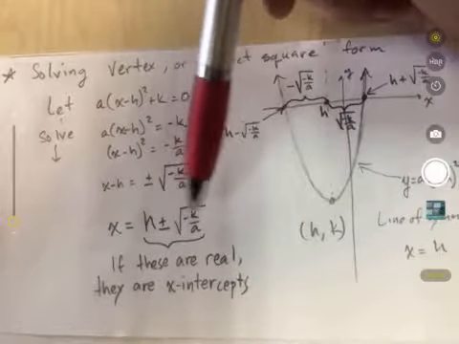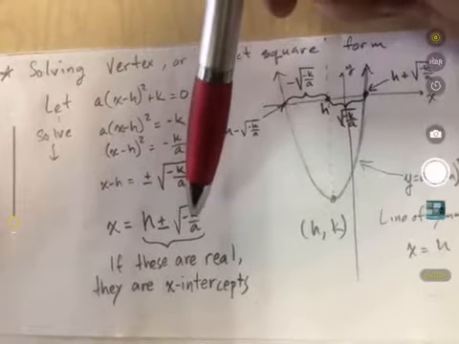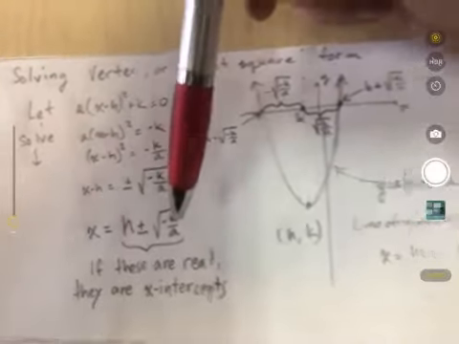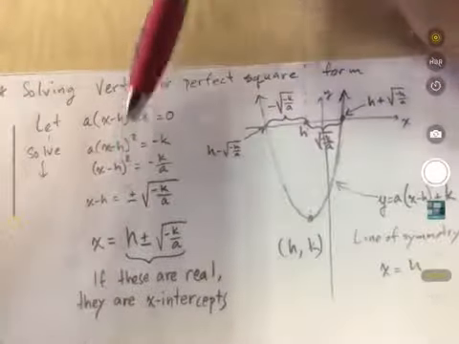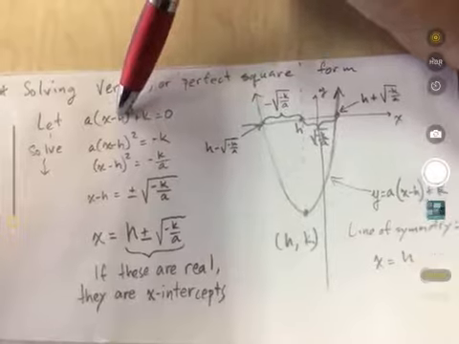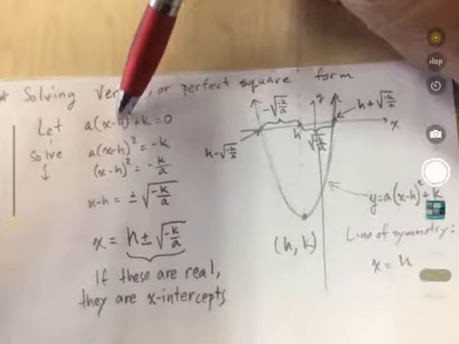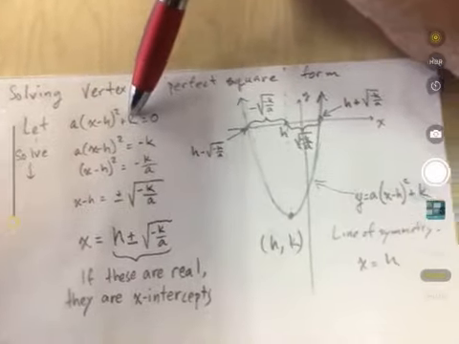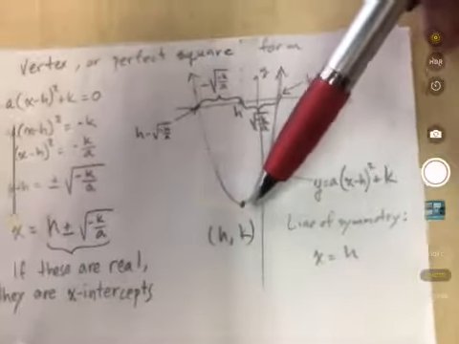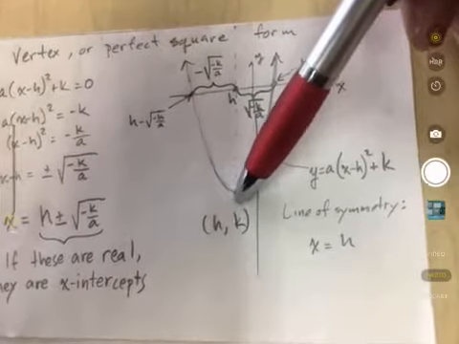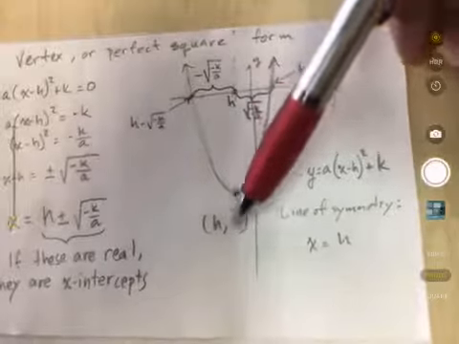So if this does give me a positive value underneath the square root, these are real numbers, and check out what happens here. Remember that in vertex form, h is the x-coordinate of the vertex, and k is the y-coordinate. So here's a parabola, vertex (h, k). The line of symmetry is x equals h.